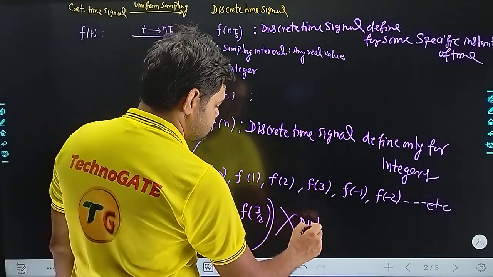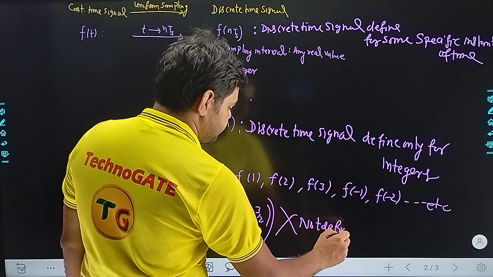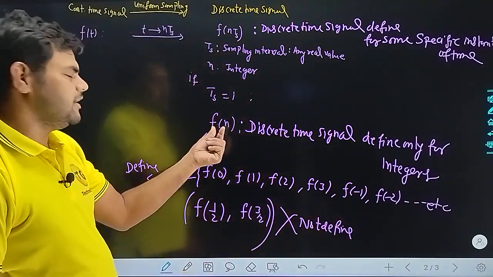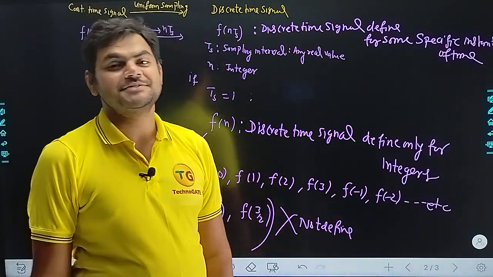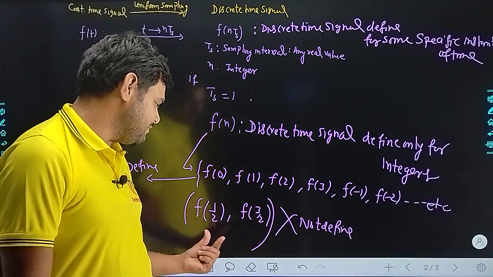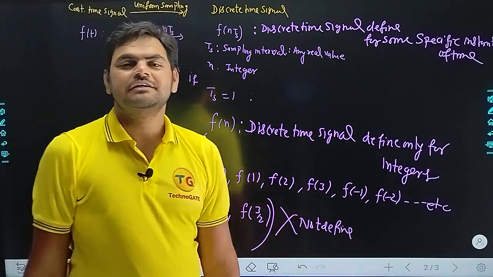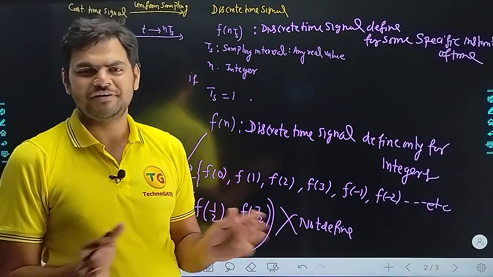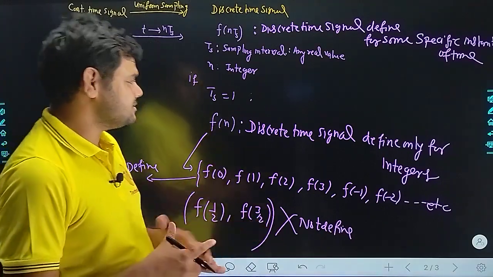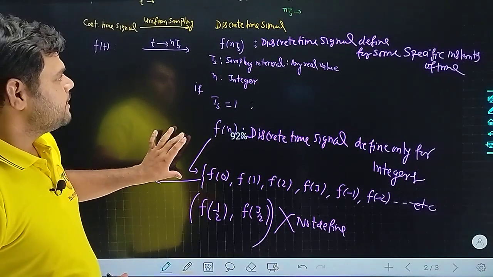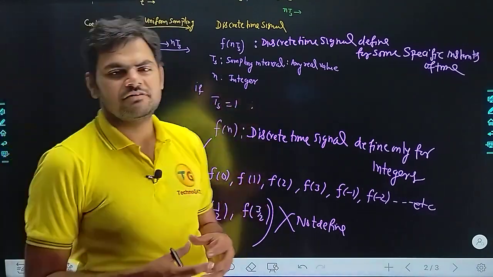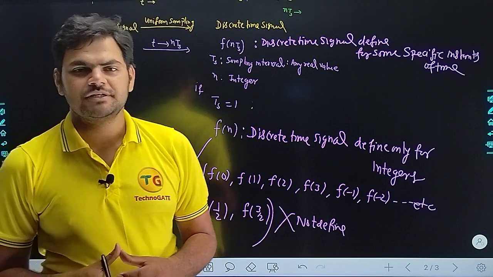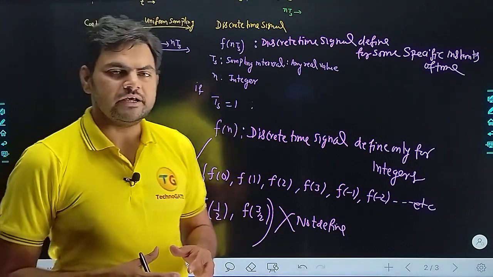These values will not be defined here, because we are defining f of n where n is an integer. So f of 1 by 2, f of 3 by 2 are non-integer points, so of course they are not defined here. Understood? So please note this discussion down. From now onwards, we will talk about the discrete time signal which is defined only for integers.